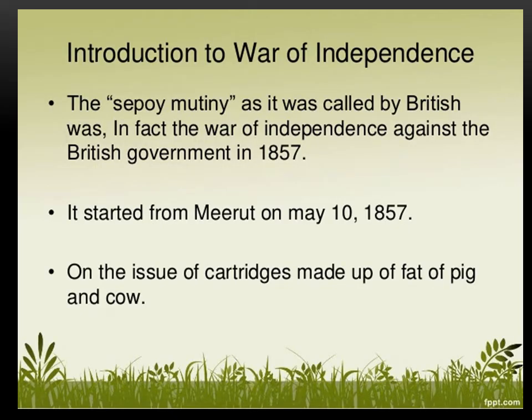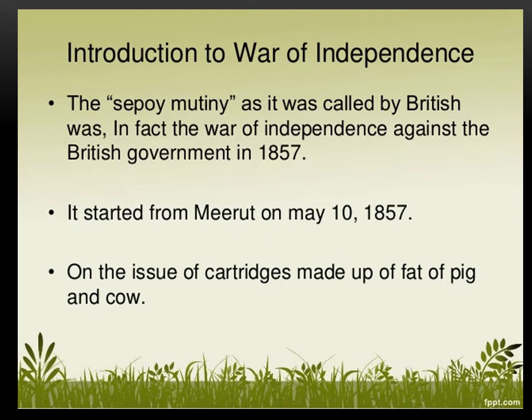The Sepoy Mutiny, as it was called by the British, was in fact the war of independence against the British government in 1857. This is what I told you in the previous slide, that towards the British government, it was the Sepoy Mutiny or the Indian Mutiny. Mutiny is rebelling against the government, and Sepoy was the Sipahi, the Indians in the British troops.